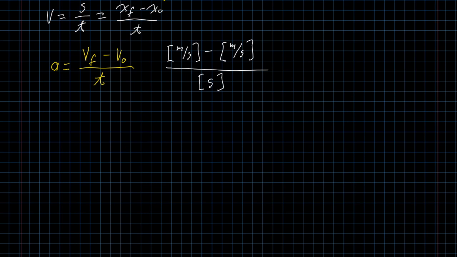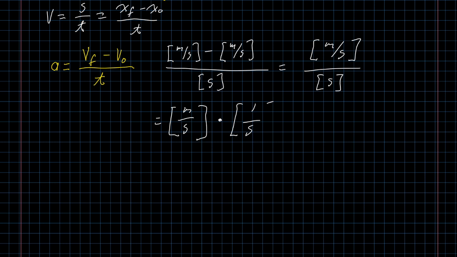If I take something in meters per second and I subtract it from something else in meters per second, I will be left with something in meters per second. And then I'm dividing. It might make more sense to write that as meters per second divided by seconds.